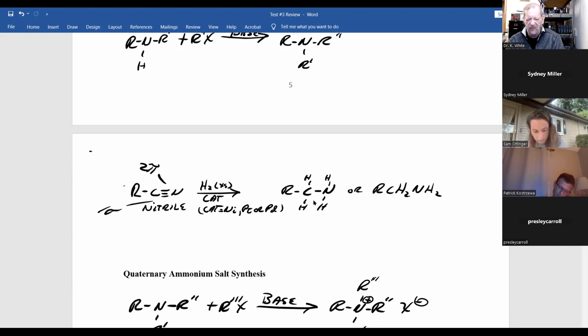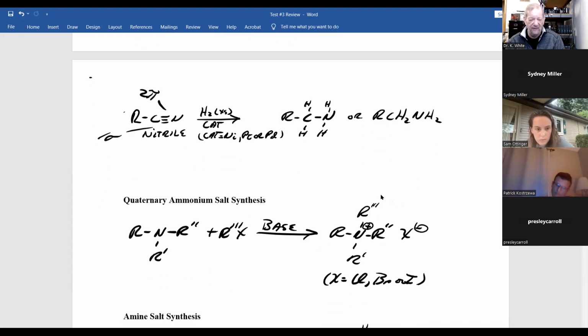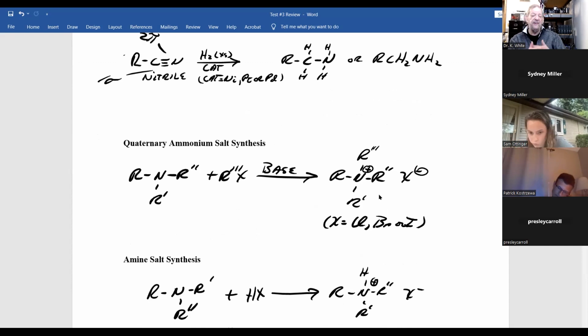And you can write it this way or this way, and that's a great way of making primary amines. And I worked for a company that did this to the tune of about 3 million pounds a week, sometimes more.